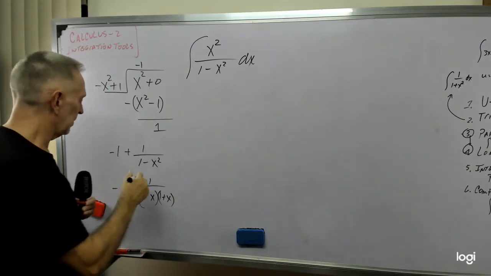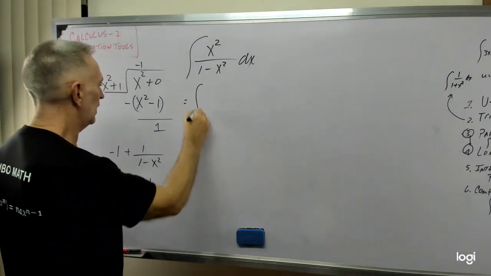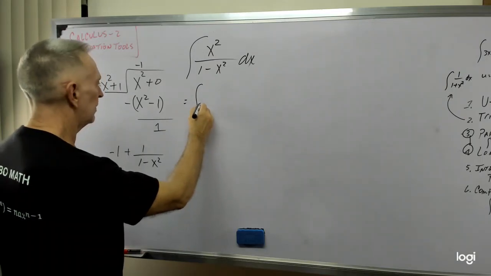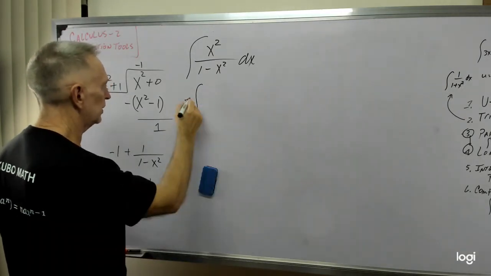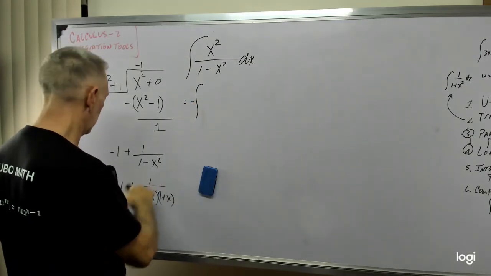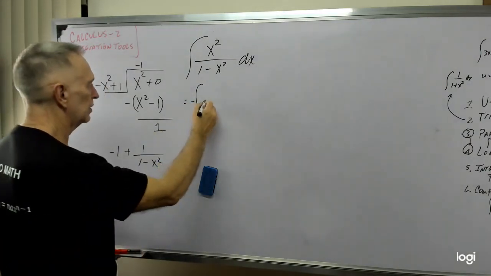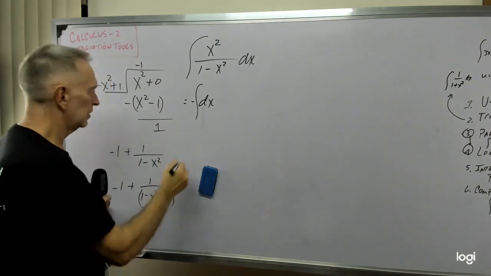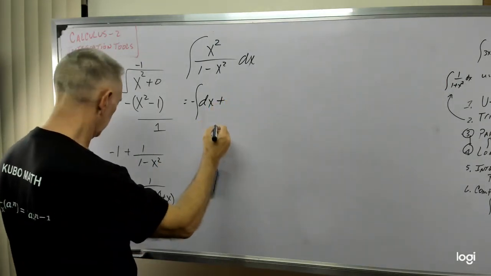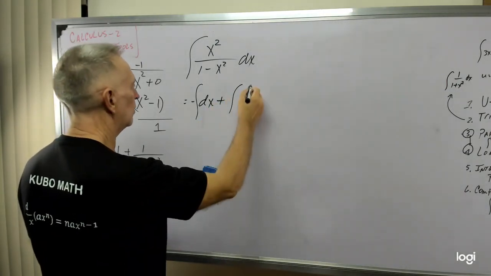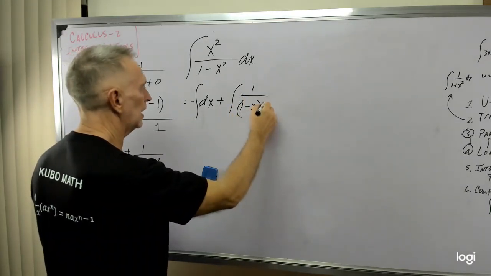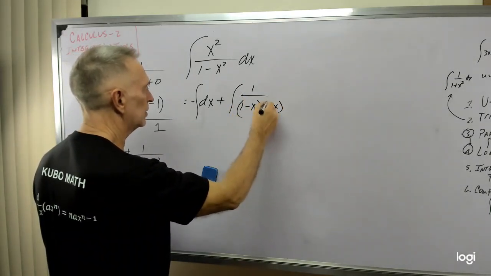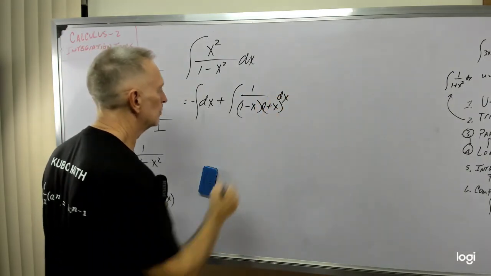So let's think about this. We would now have multiple integrals here: minus the integral of dx, so minus 1 dx, plus the integral of 1 over 1 minus x times 1 plus x dx.